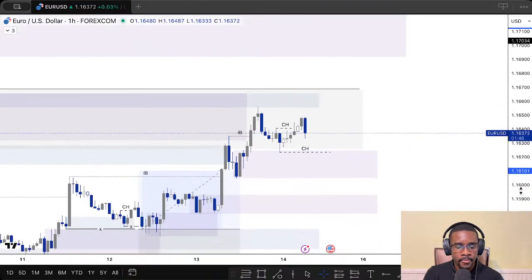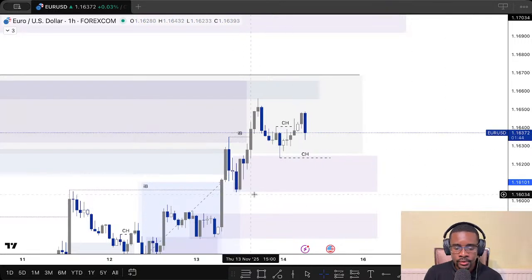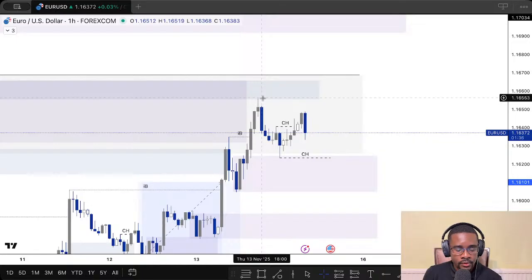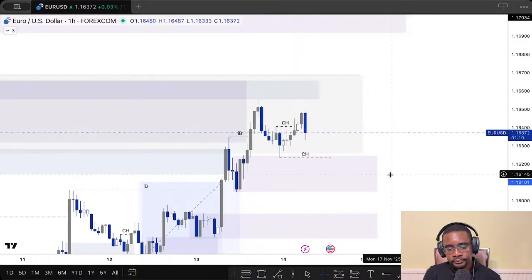Okay. A bit tighter, but another IBOS. And then price has gone up, come down, mitigated this extreme supply on the 1 hour. Okay, it's extreme of the 4 hour and extreme of the daily. Mitigated and price pushed down, and now we could be ready to take this out.